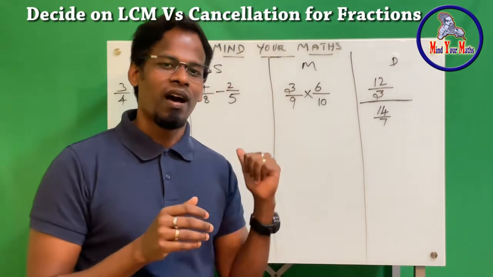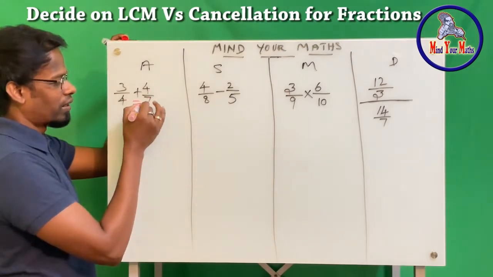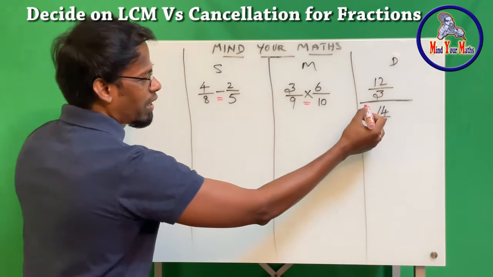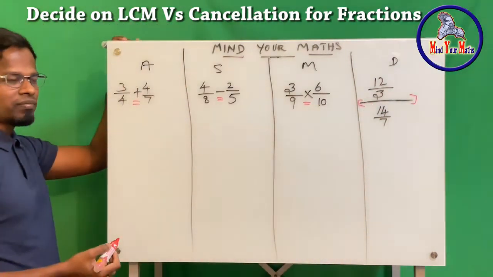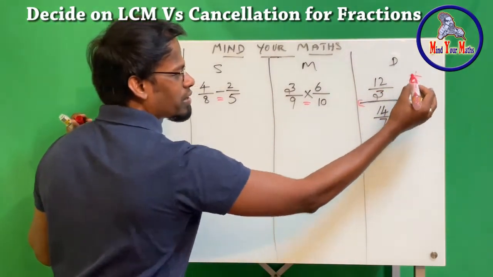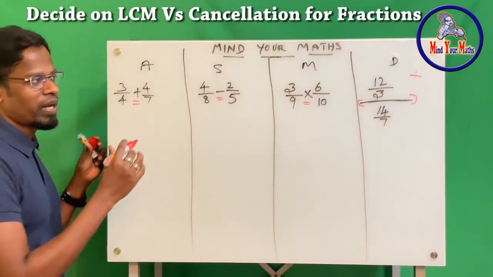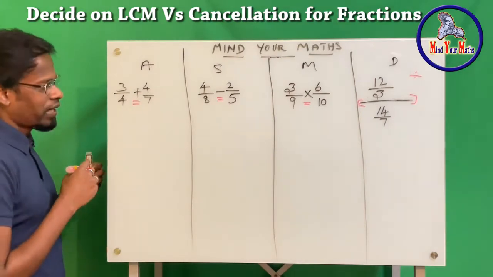You see here, this problem is addition, this is subtraction, this is multiplication, and this is division. Division can be written using this operation sign as well, so it doesn't matter whether you use this or that, it's all the same.